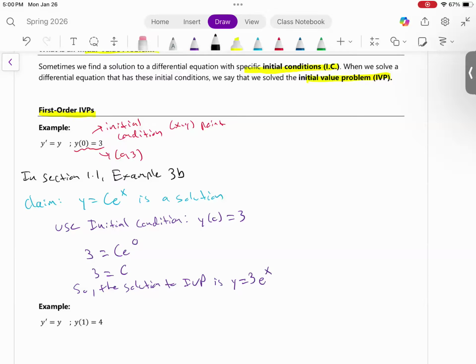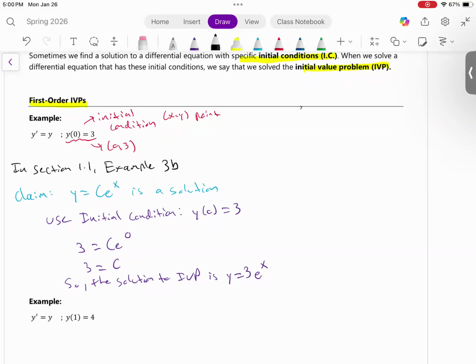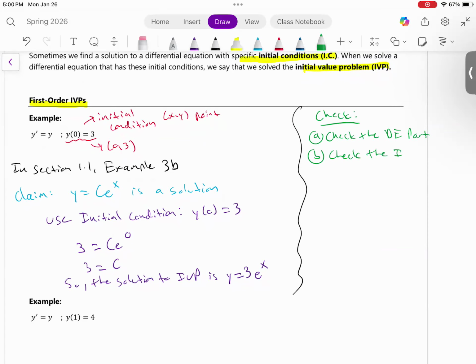And there's a nice way to check if this is all true. Let me check this off to the side. You want to check two things: the differential equation part, and then the initial condition part. Here's A, you want to check the differential equation part.